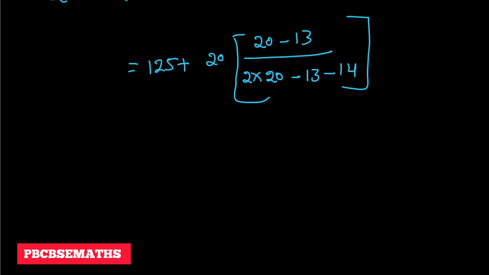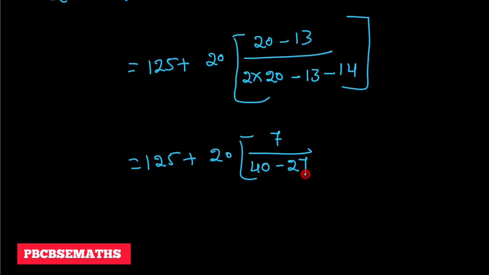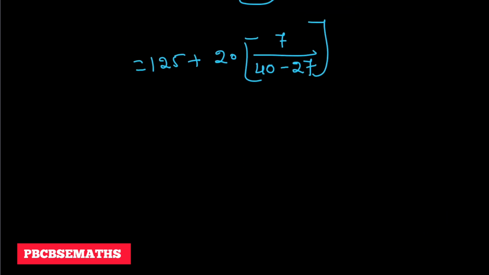Now let's simplify these values. So 125 plus 20 times 20 minus 13, that is 7, divided by 2 into 20, that is 40, minus 27. Simply we are going to solve this one.